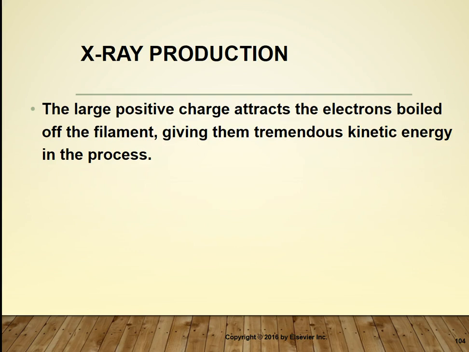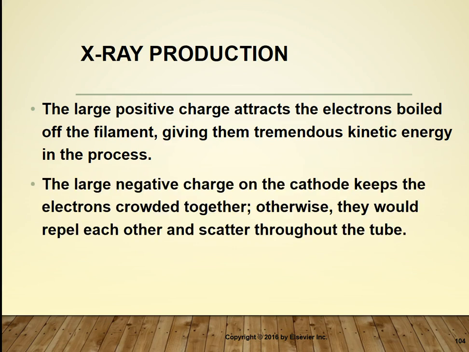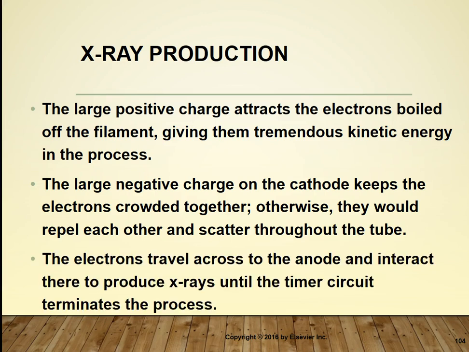Opposites attract, and in that 1 to 3 centimeter gap between the cathode and anode, the electrons from the filament reach speeds of about 1/2 the speed of light. The large negative charge on the cathode keeps the electrons crowded together, and then the electrons travel across to the anode and interact to produce X-rays until the timer circuit terminates the process.